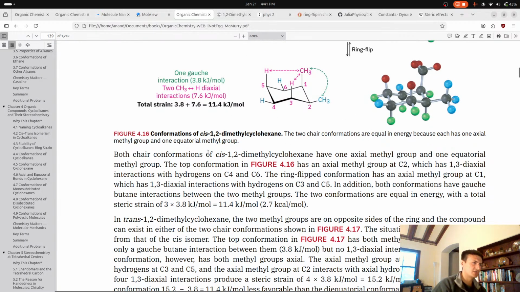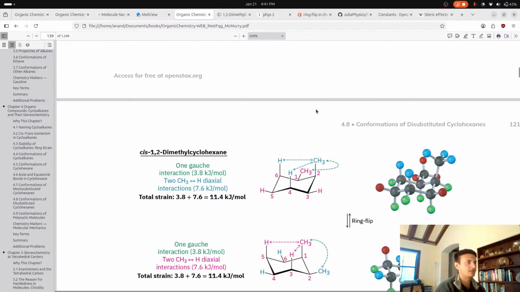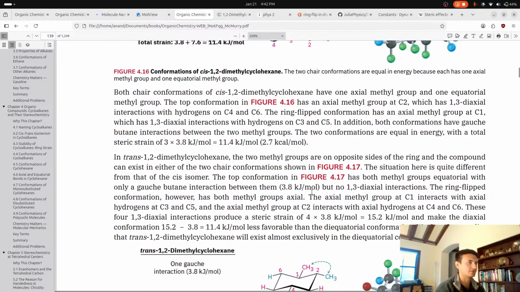Okay, both chair conformations of cis 1,2-dimethylcyclohexane have 1 axial methyl group. Both chair conformations of cis 1,2-dimethylcyclohexane have 1 axial and 1 equatorial. But why couldn't you have... Oh, because that would be trans. Right. That'd be trans. You can't do that.